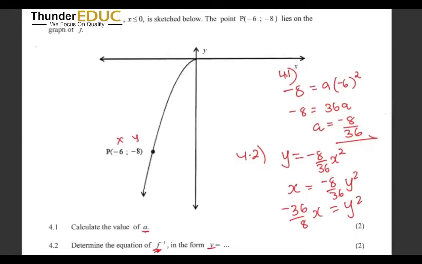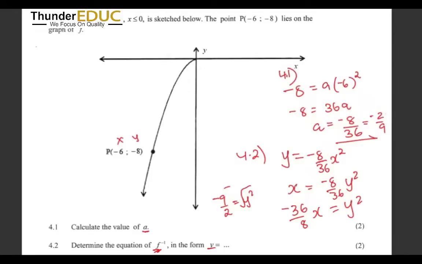You can also simplify, because I'm seeing that there's something that can break down, like 12 over 9. Which means this could also be negative 12 over 9. When we simplify that, it's going to give us negative 9 over 2. So negative 9 over 2 x is equal to y squared.